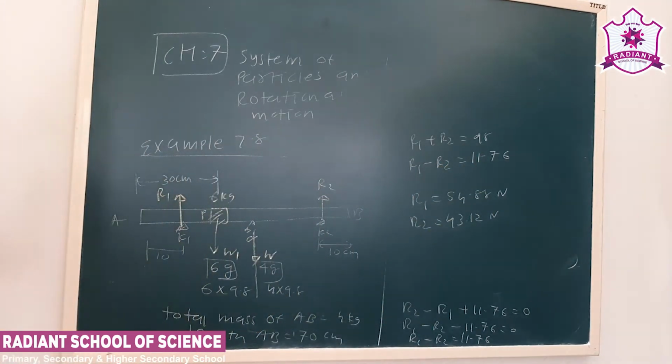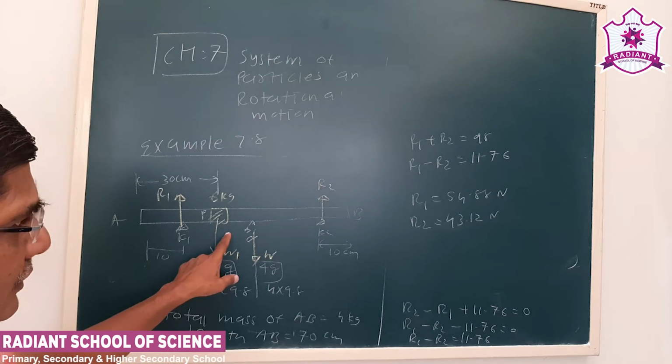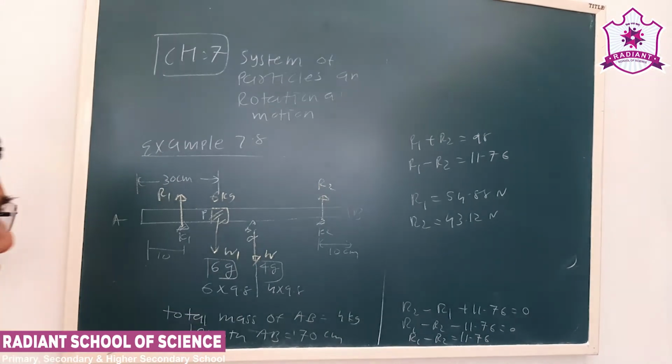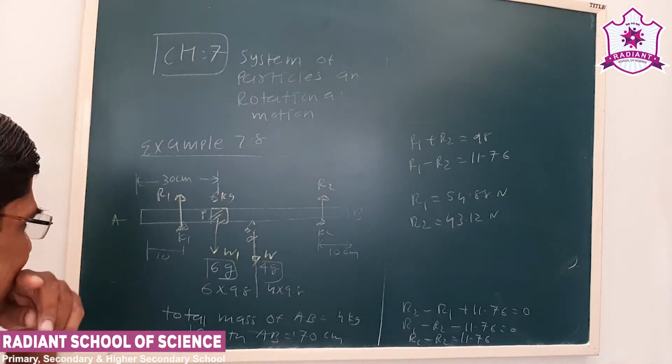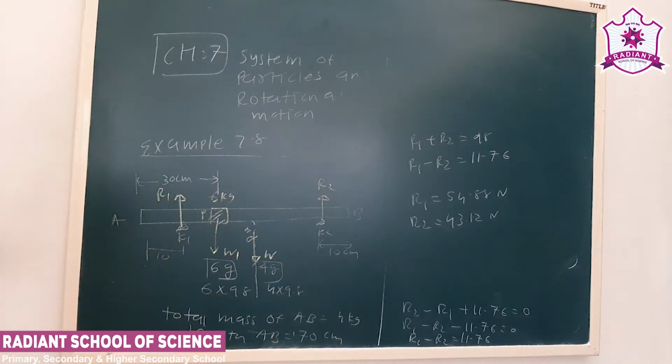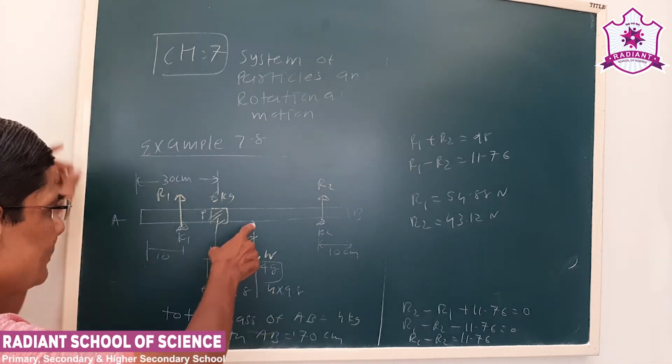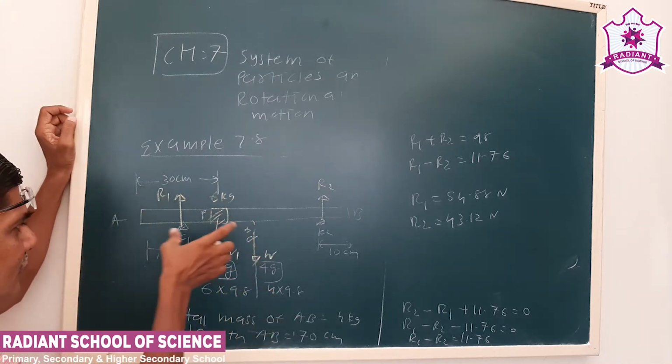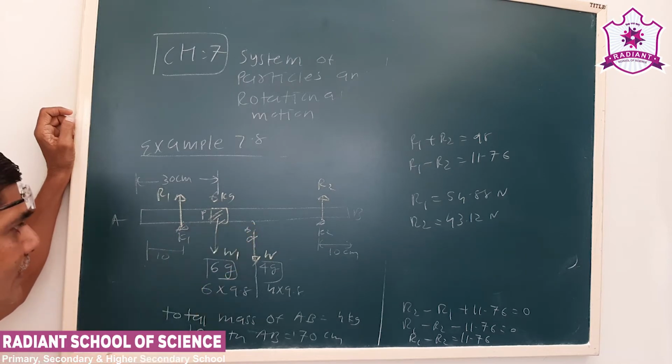Then we calculated the torque about point G, that is the moment about point G. The clockwise torque we consider negative and the anti-clockwise torque we consider positive. So R1 into the perpendicular distance of G from K1, that was 25 centimeter.